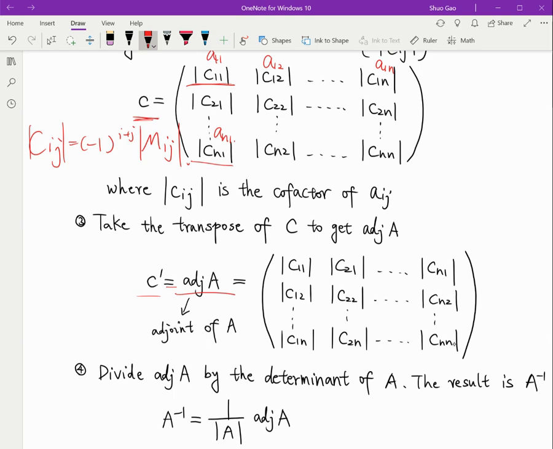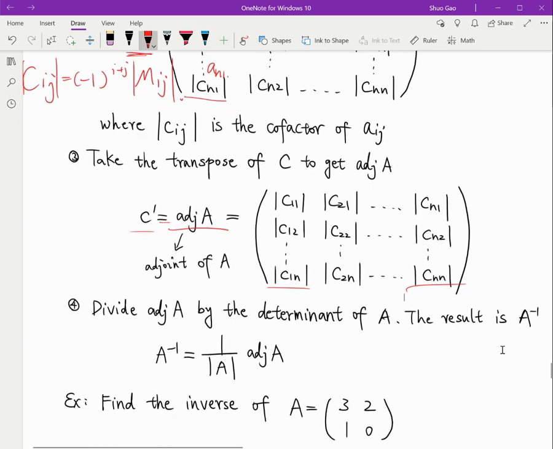And this is just equal to C11, C21, because it's a transpose of C. So here it becomes C21 and then Cn1. Here is C1n and here is Cnn. So the adjoint of A is just the transpose of the cofactor matrix C. So that's the third step.